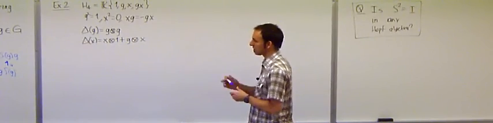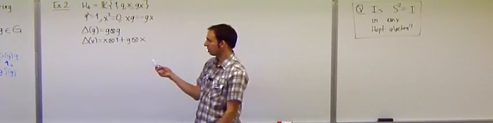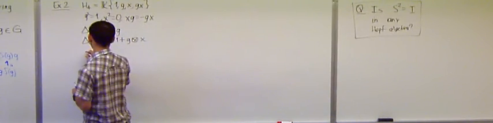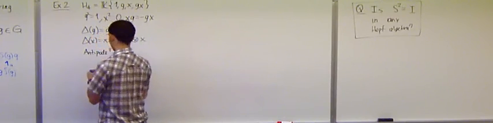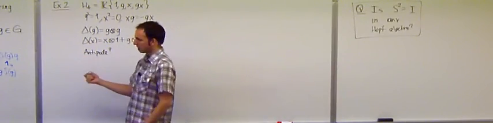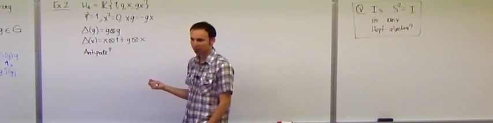Let's do the same thing that we did over there. If an antipode exists, then it has to satisfy several properties. And so what we're going to do is chase the diagram around, starting with a basis of H. So we need to do it 4 times, one for each element.